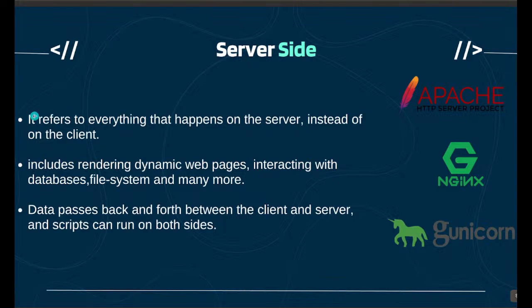So this happens in the server. It refers to everything that happens in the server instead of the client, including rendering dynamic web pages, interacting with databases, file systems, and many more. This data passes back and forth between client and server, and scripts can run on both sides. Basically, everything that you access on the website, the data is getting passed through the client and server.